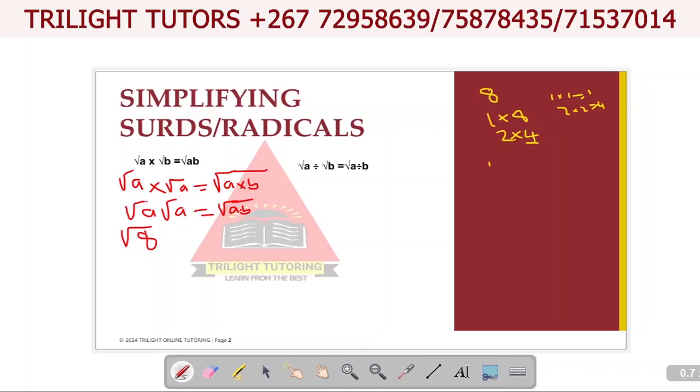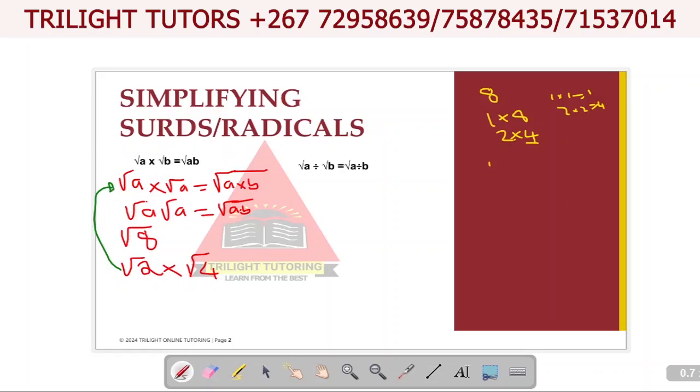We come back to our equation. We're going to say the square root of 8 is the same as the square root of 2 times the square root of 4, right? We are using this law here. Since we know that 4 is a perfect square, the square root of 4 is what? 2.